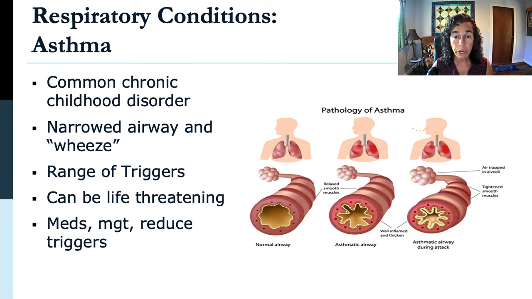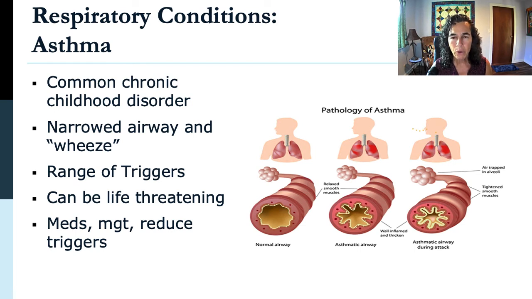There are a range of triggers, both in the environment and other triggers, like undue stress, for example, right? But pollution in the environment, allergies, getting a cold, having any other compromise of the airways, having COVID is a potential trigger, etc. So a lot of different triggers.